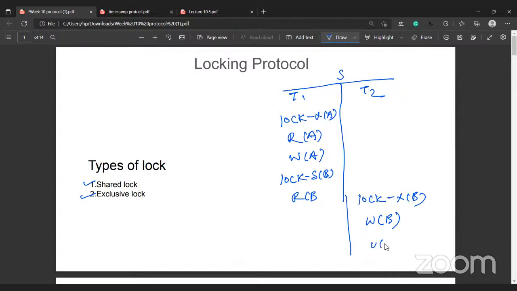Then unlock. Anyone? T1 has not been unlocked, so it does not follow the locking protocol. Before locking T2, it should be unlocked. If it is unlocked here, then we can allow this, right? So everyone got it? Locking protocol, shared lock, exclusive lock.